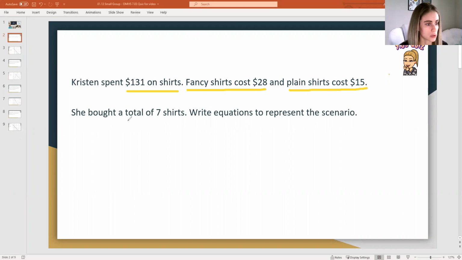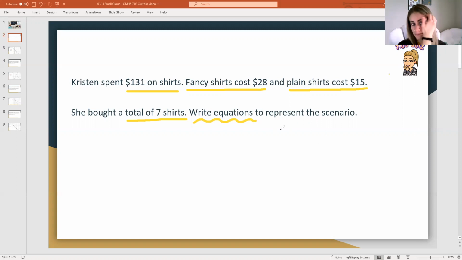She bought a total of 7 shirts, and my task is to write equations. All right, for this quiz, since this is the beginning, we're focusing on just writing the equations. So that way, eventually, after you write them, you can either use graphing or elimination to solve and actually find the answer.